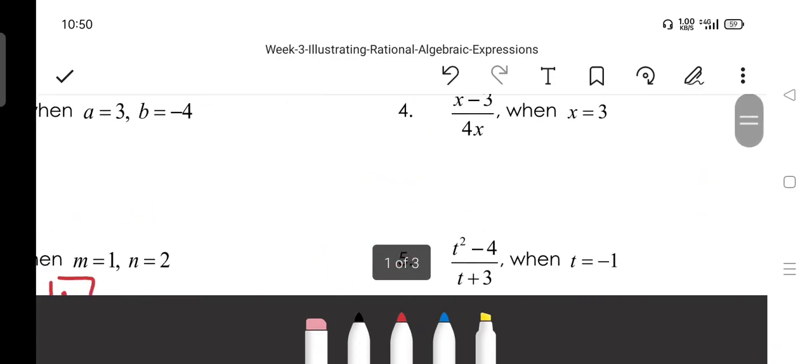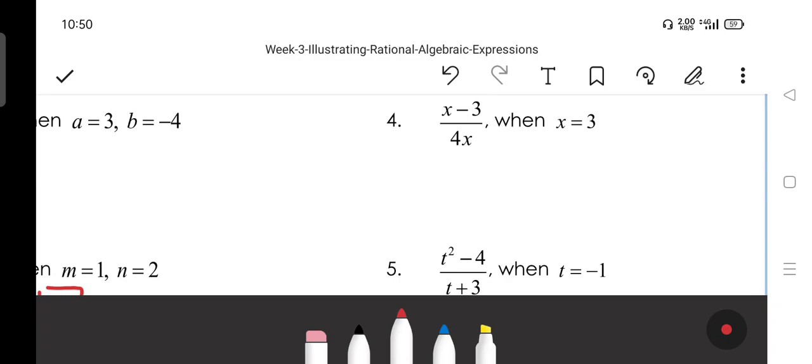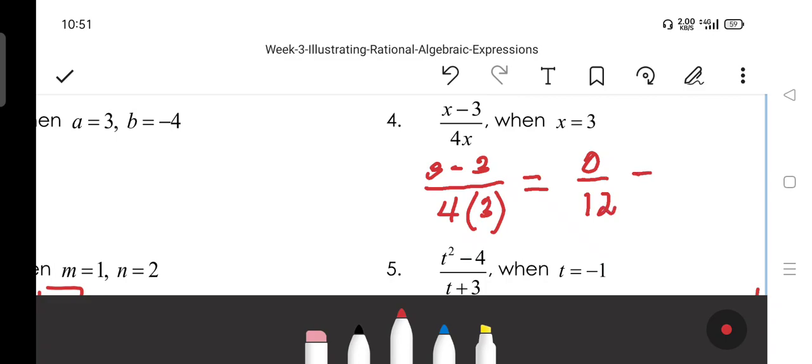Next, we have number 4. In number 4, we have x minus 3 over 4x, and our x is equal to 3. So that means 3 minus 3 over 4 times 3. 3 minus 3 is equal to 0 over 12. And 0 divided by 12 is equal to 0.